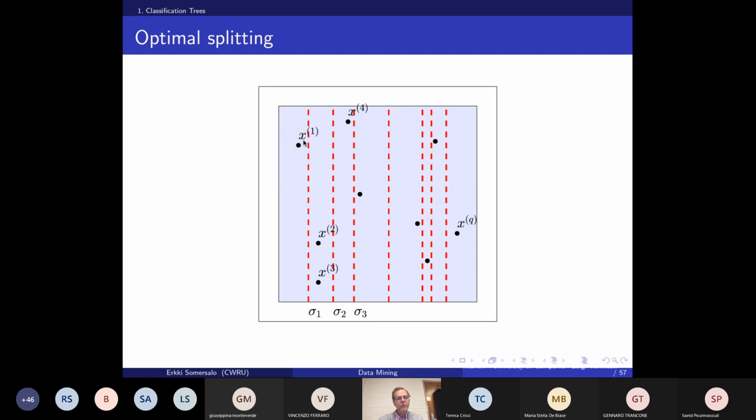So the first component of x1 is less or equal to the first component of x2, which is less or equal to the first component of x3, etc. And so I go through all the data points.